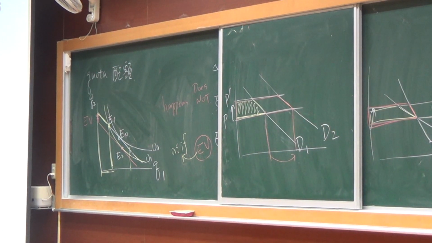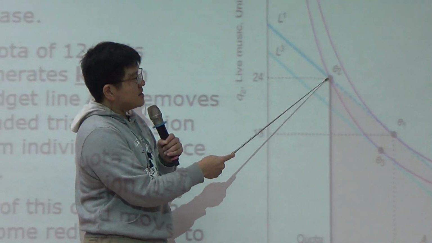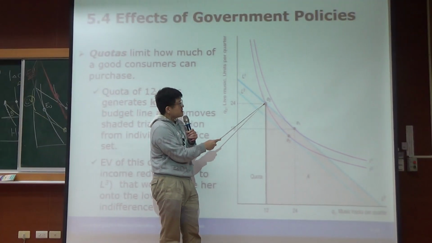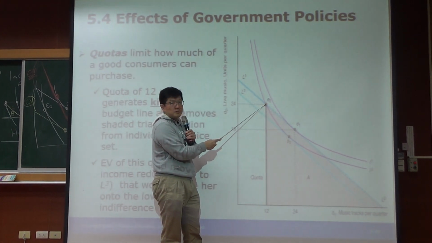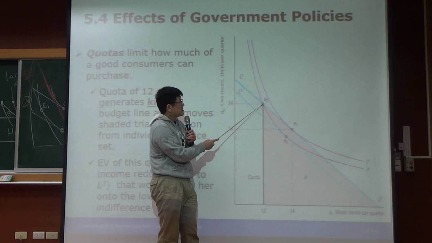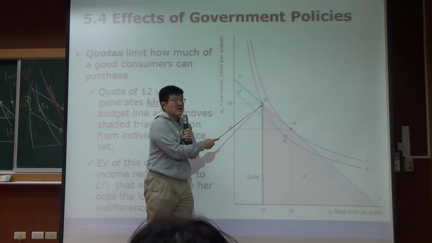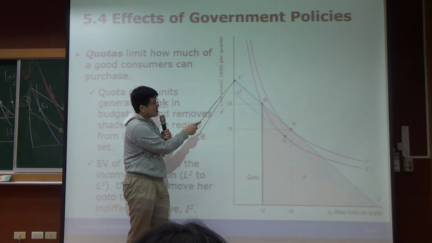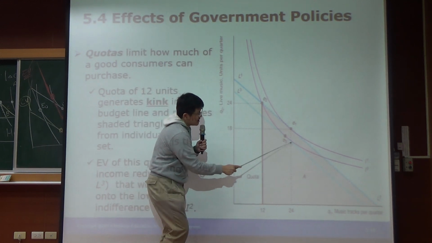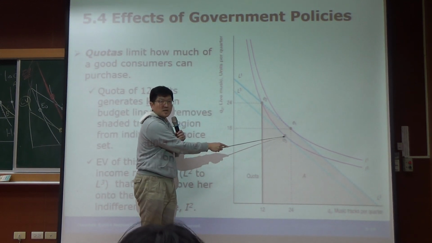So initially, I consume here, and with the policy, my consumption will be here. And if I succeed to bribe the government, and negotiate with the government and pay this amount of money to the government, then I will stay on E3.